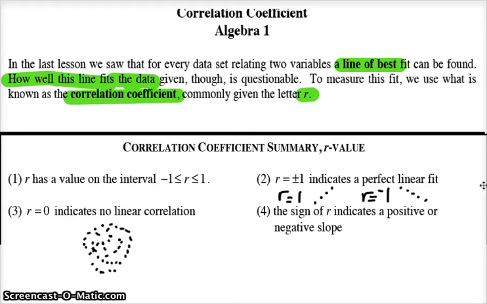But just for understanding, this is what's going on here. When you get a linear set of points, you're going to have an R value of 1 because this is the closest you can get to the straight line. And similarly, negative 1 for the negative correlation. By the way, the positive and the negative are talking about the slope of the line. This is a positive slope, this is a negative slope.